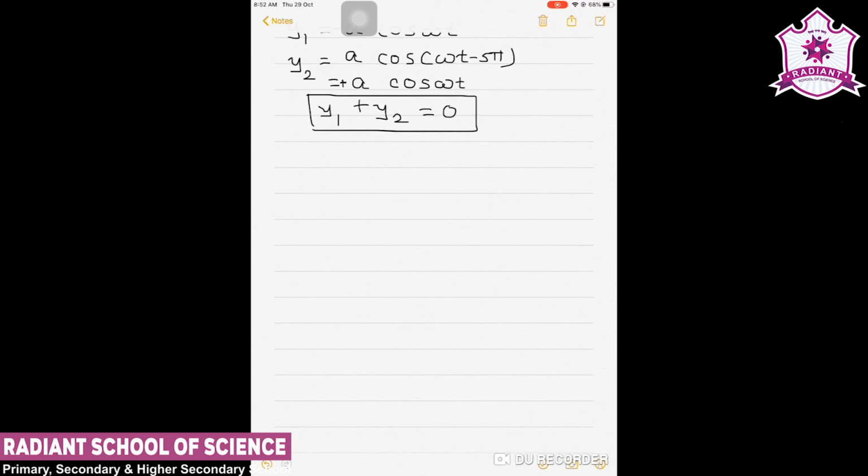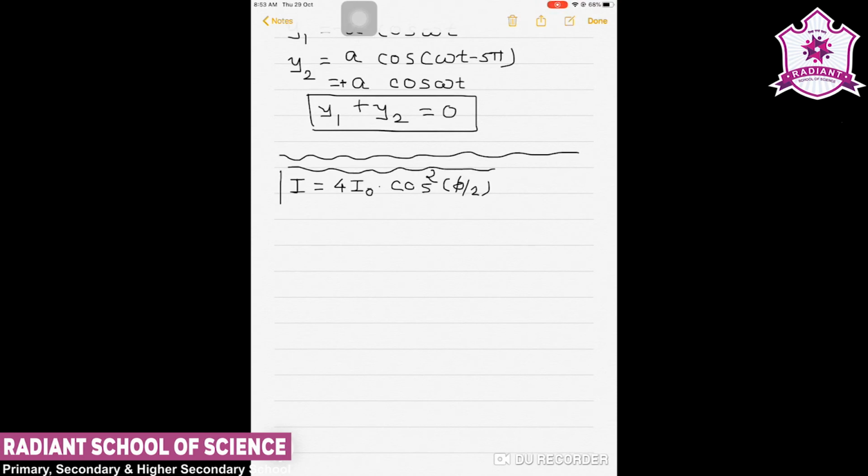Again, for this case also we can consider the equation of intensity and amplitude in the same terms, that is I equals 4I0 cos square phi by 2, because that is the term related to our amplitude.